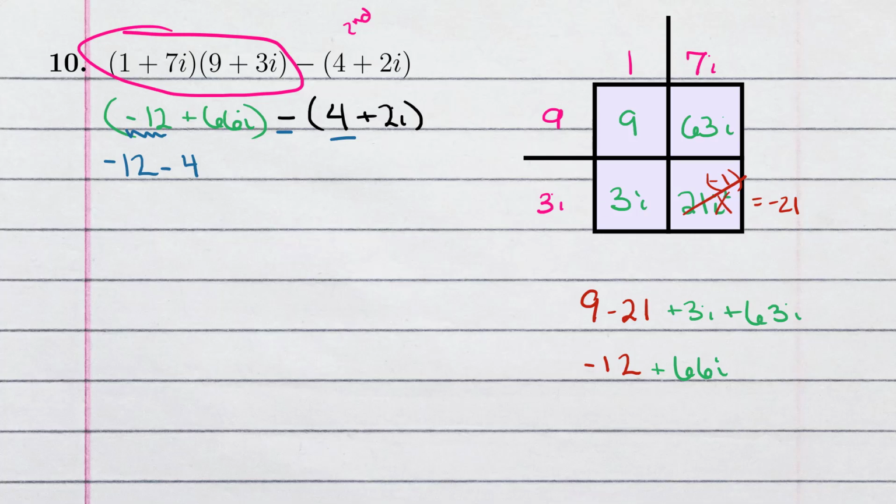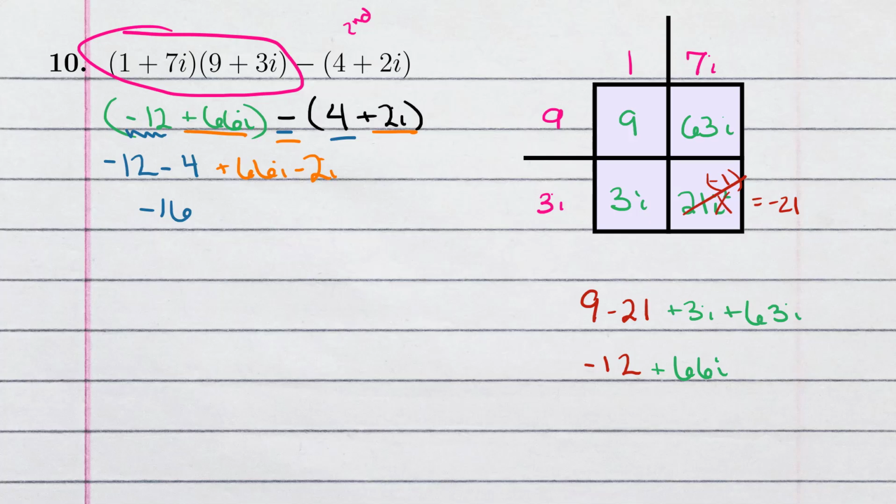Now let's take and get our imaginary parts gathered together. And a positive 66i minus a positive 2i. And we have negative 12 minus 4 is negative 16.